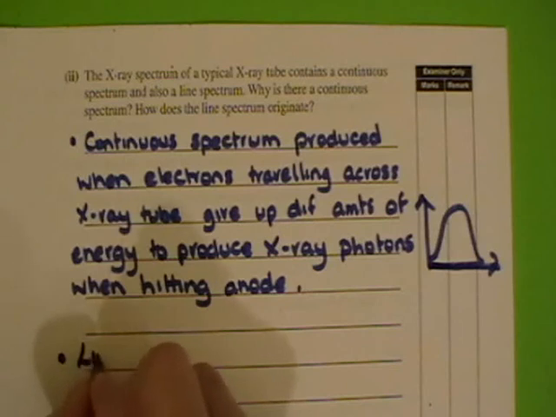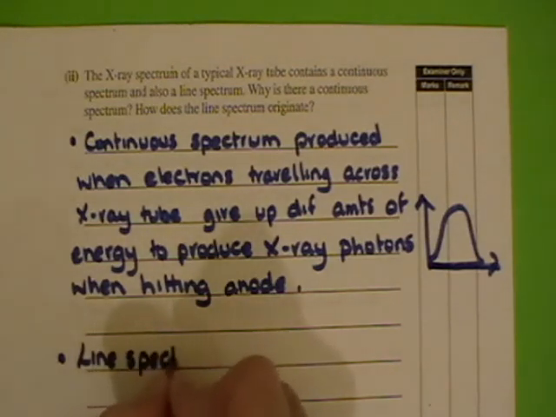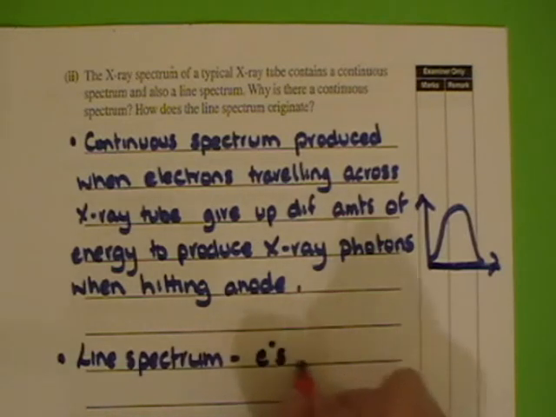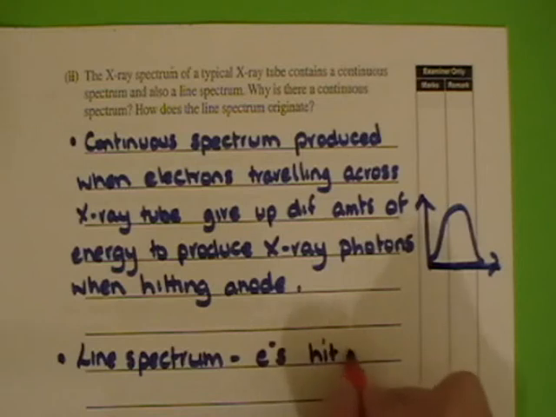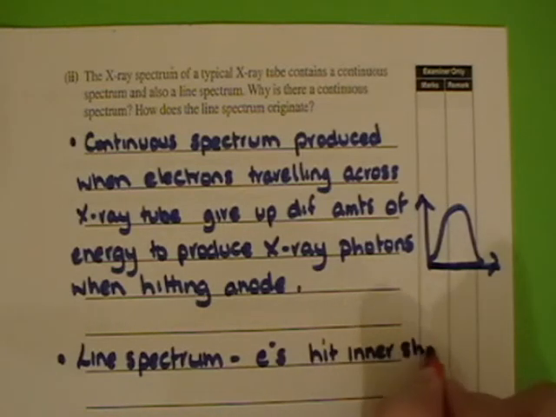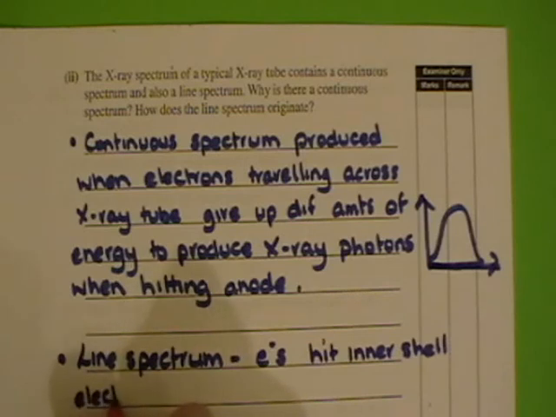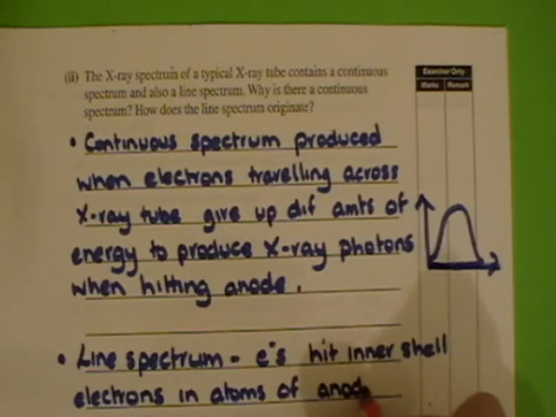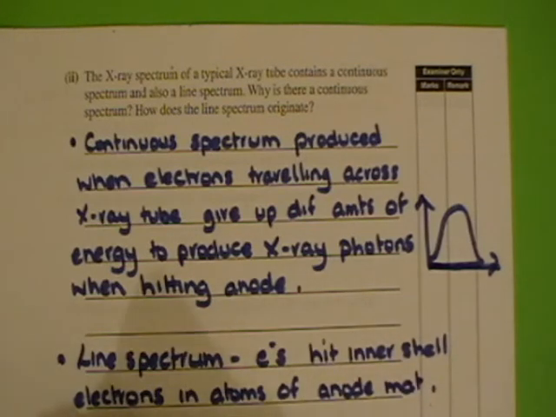So the line spectrum then, if you remember, occurs whenever some of those electrons hit inner shell electrons in the atoms of whatever the anode material is made from. It causes excitation to higher energy levels.